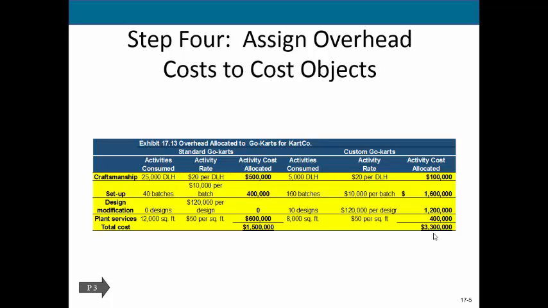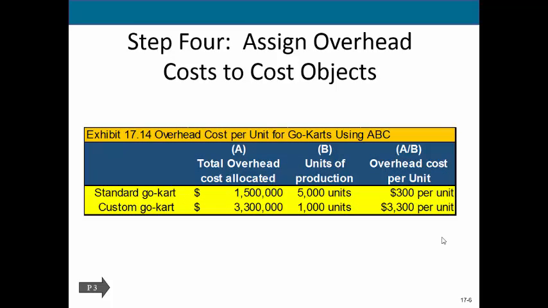Even though we're making fewer, each one needs its own design. So you can see here we've got a much higher total overhead that's going to be allocated to those custom go-karts.